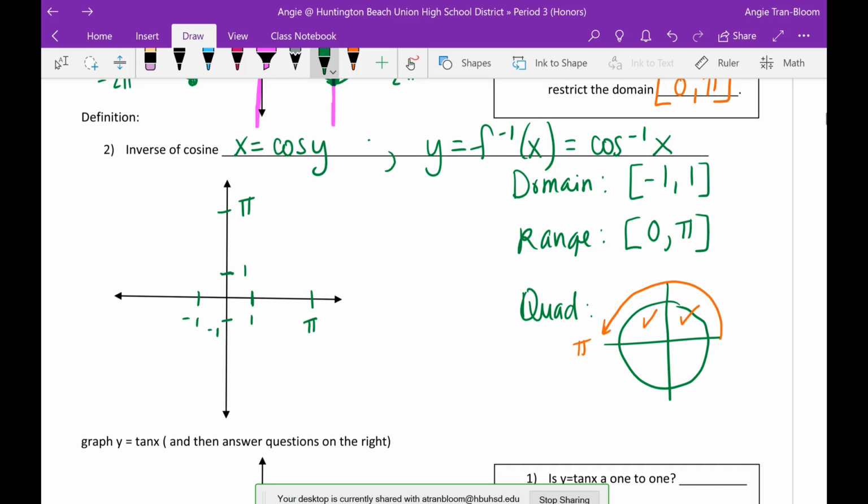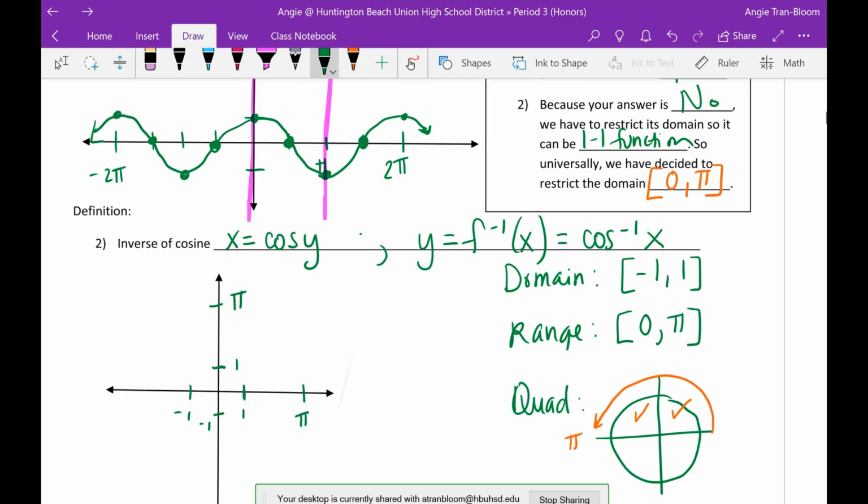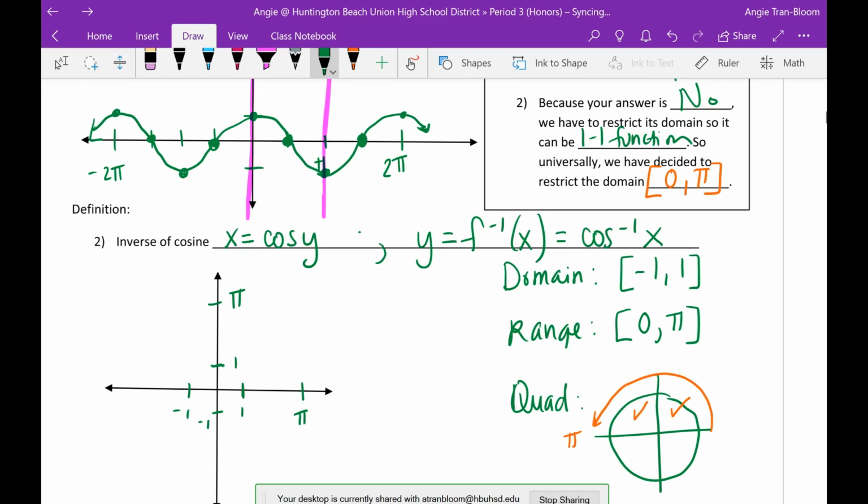All right, let's plot the dots. At 0, we had our original at 1. At pi over 2, I need to make a mark for pi over 2, don't I? Pi over 2 is right here. Pi over 2, staying at 0. And then at pi, can I go down to negative 1? So it's right here.